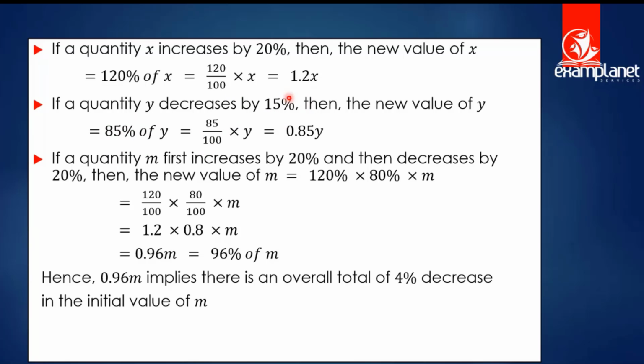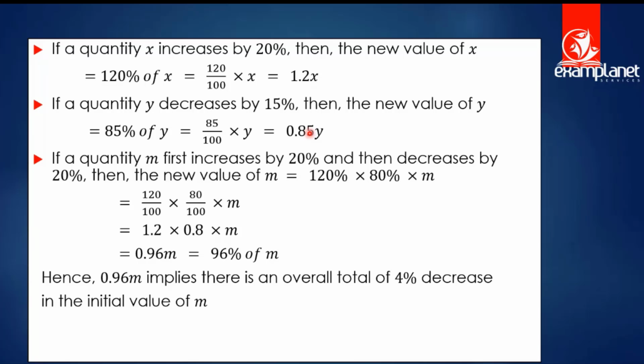So all you need to do is subtract 15% from 100% if you are doing a decrease. If you are doing an increase, add it to 100%. So 100% minus 15% will give us 85%. That means the new value will be 85% of Y, which is 0.85Y. It's as simple as that, to save your time.